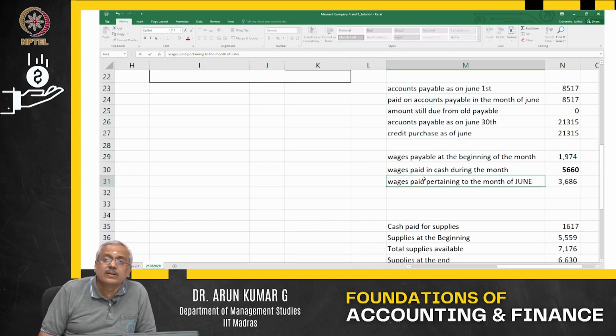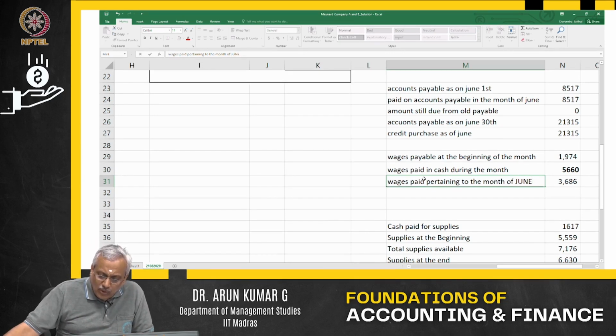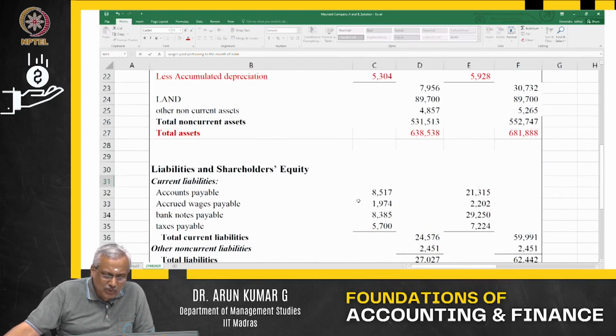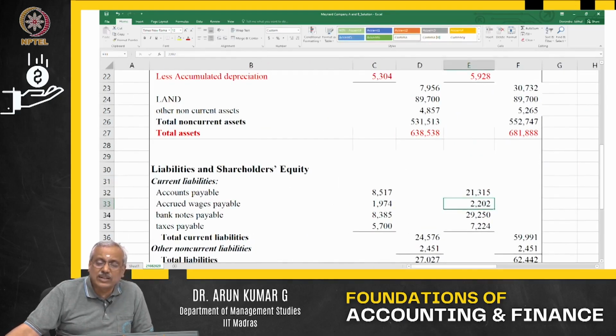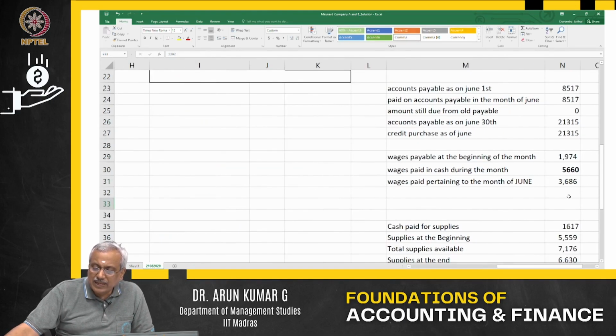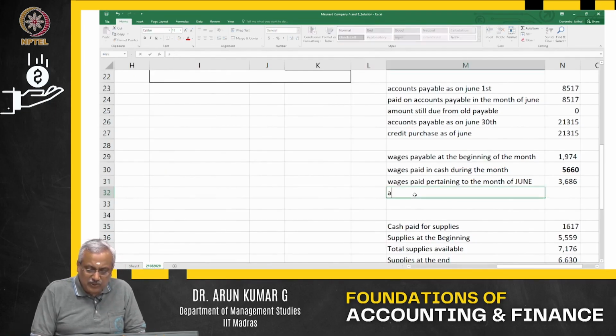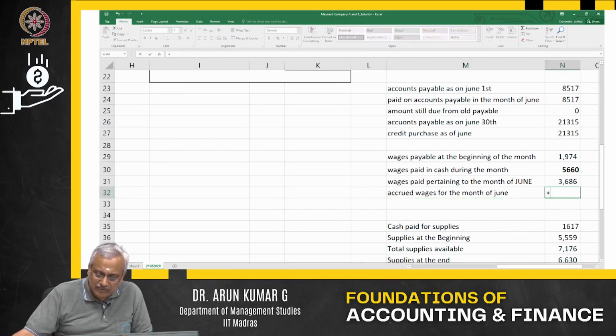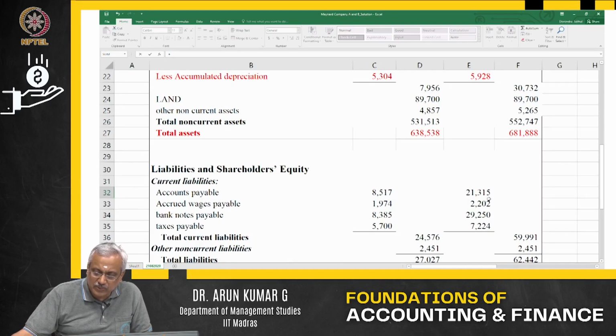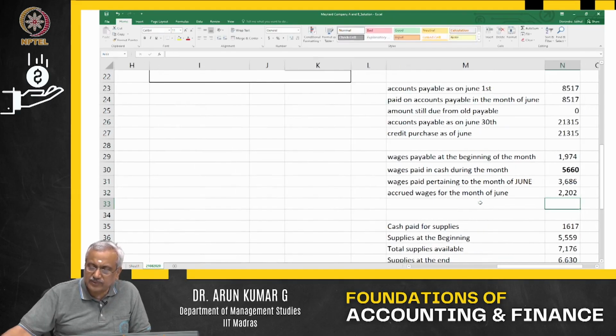Is that all? No. There is something called accrued wages at the end of the month, 2202 out there. Wages for the month of June. How much is the accrued wages for the month of June? 2202 in this particular case.